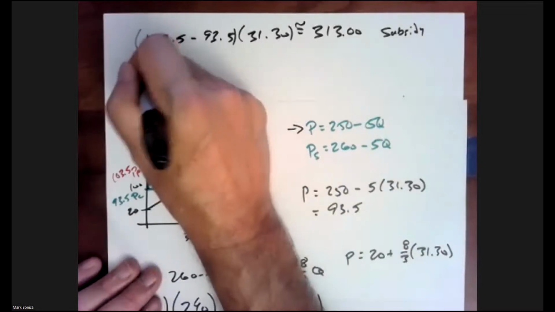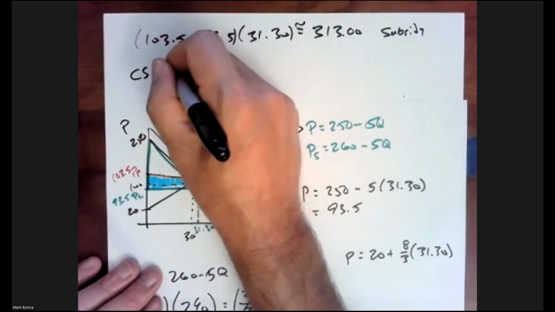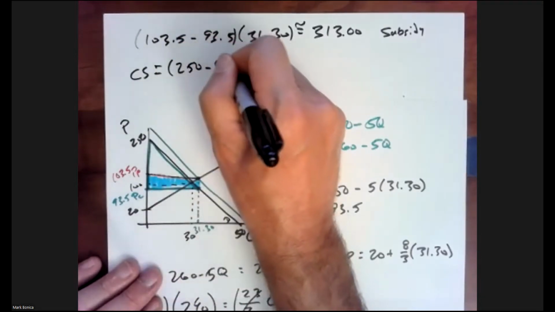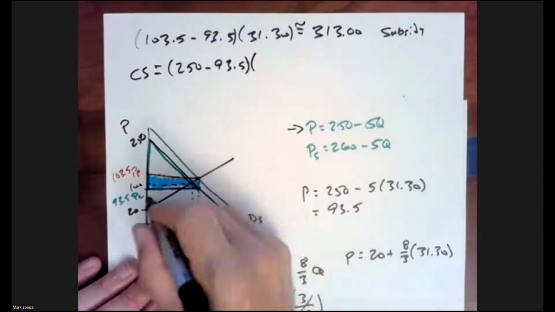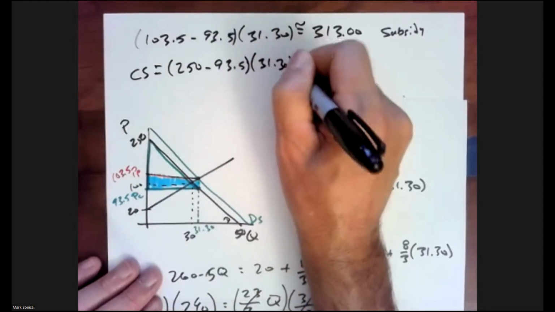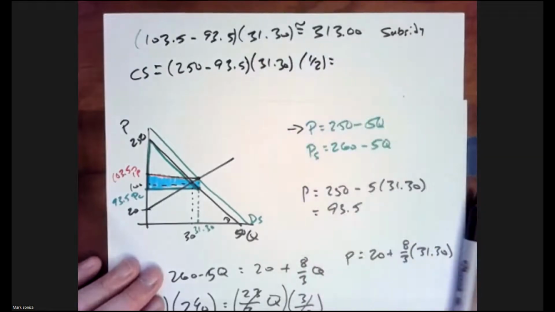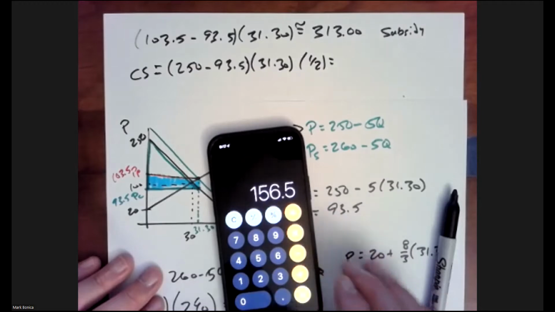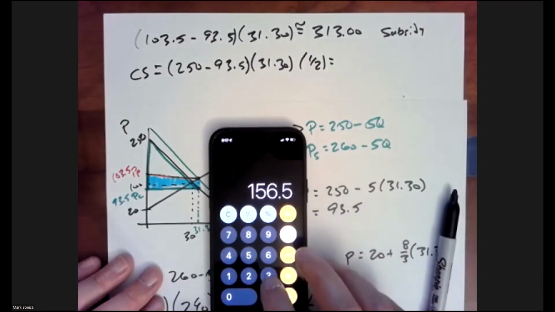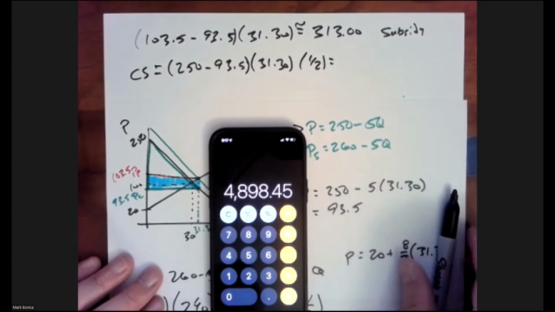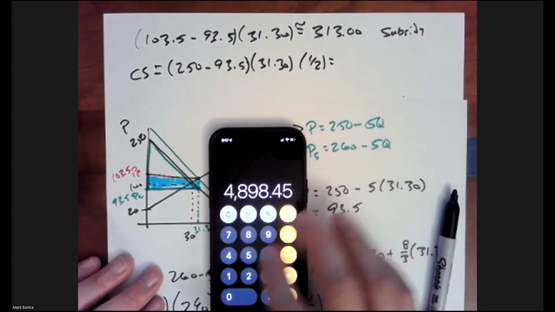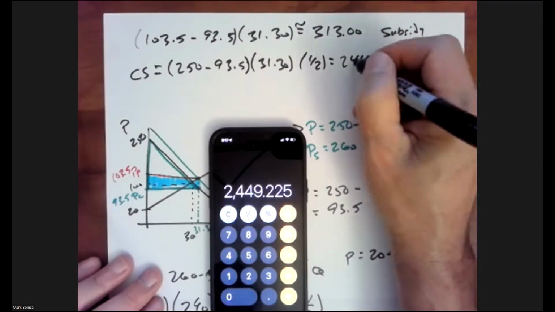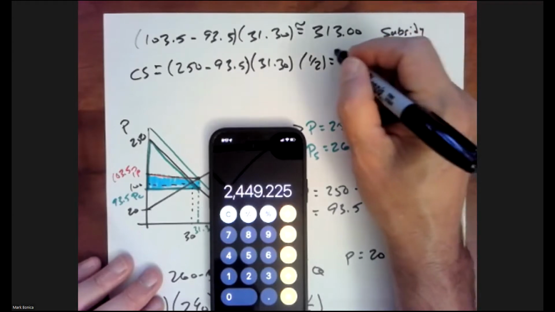So the consumer surplus is equal to the height of the triangle, 250 minus 93.5, times the width, 31.3, times 1/2. So 250 minus 93.5 gives me 156.5 times 31.3, divide by 2, 2449. And some change. It's fine.